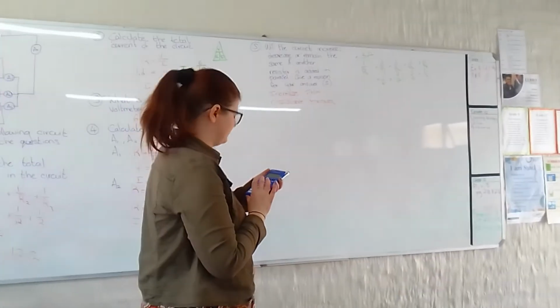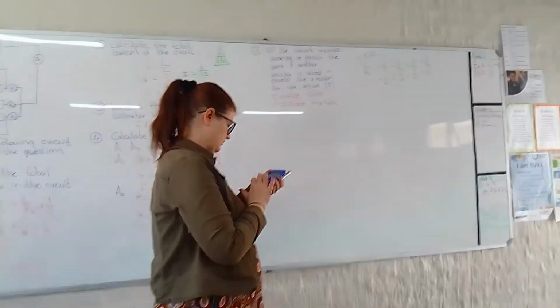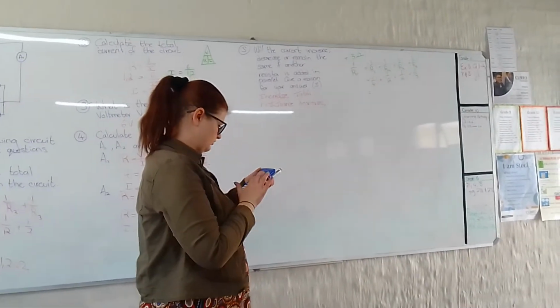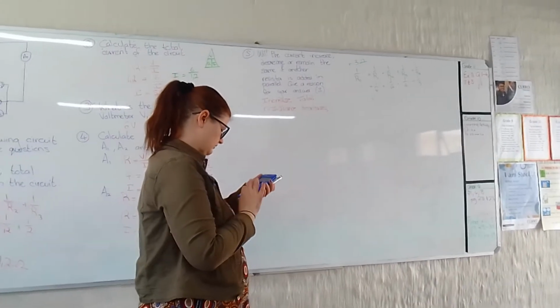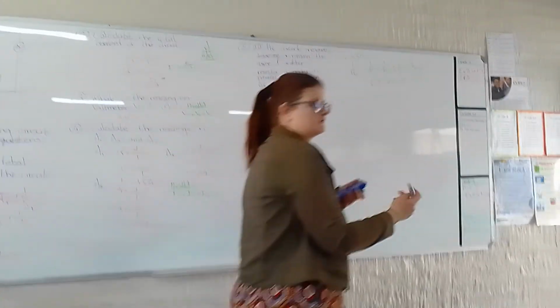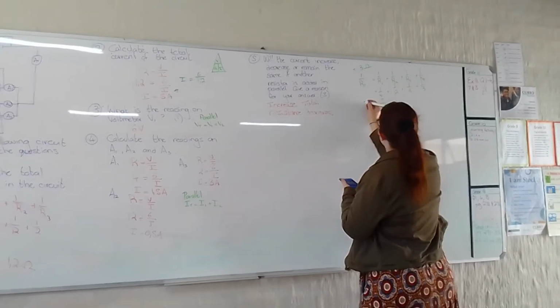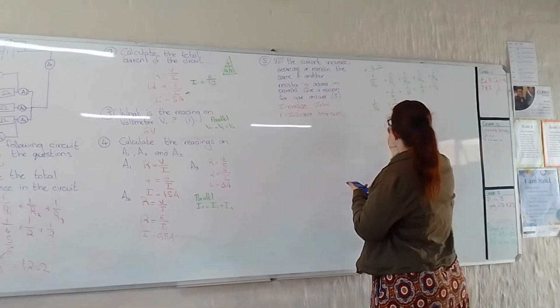It gives me 7 over 6. So now I have 1 over R total is equal to 7 over 6.